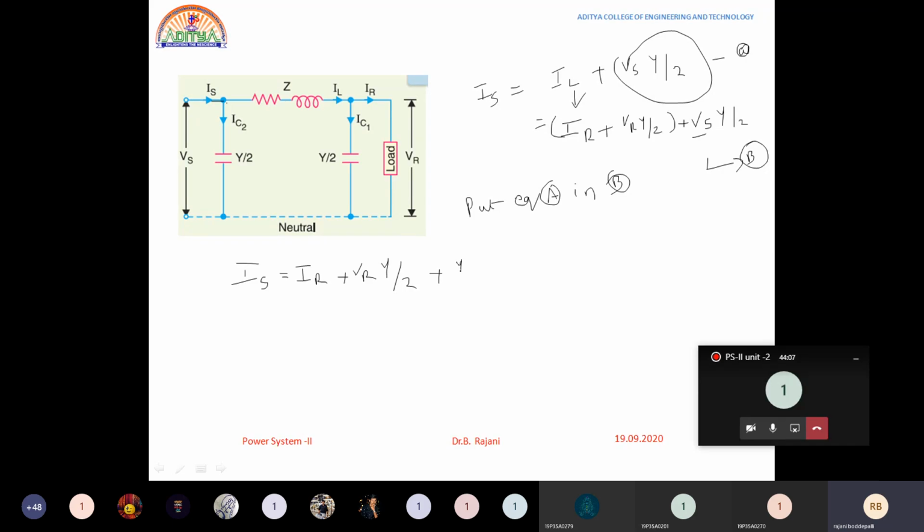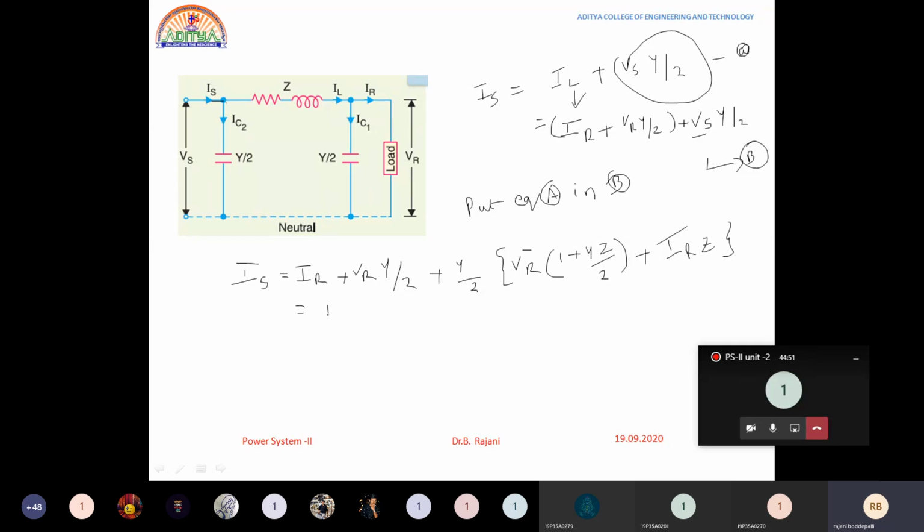Vs is what? Y by 2, if I take common, Vs is VR into 1 plus YZ by 2, plus IR into Z. Okay, this is just simplification, just putting the values of one into the other in order to get the ABCD parameters.